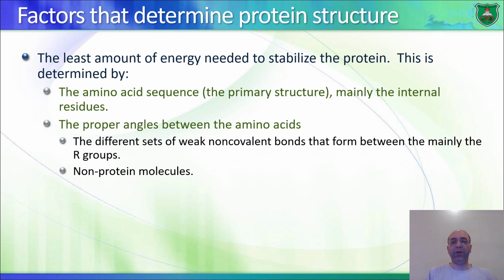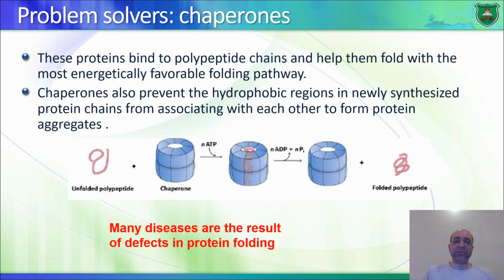Now, non-protein molecules also play a role, like I said, in stabilizing protein structure, like heme, zinc, and other molecules. It's easy for small proteins to renature without any help. But there are certain proteins, especially large ones, that need help.